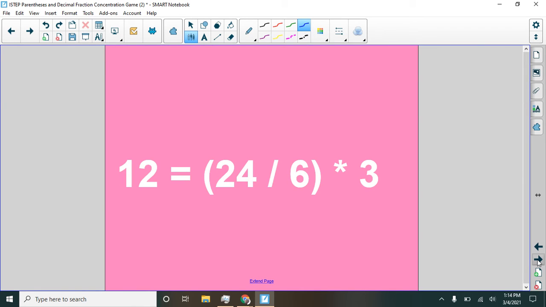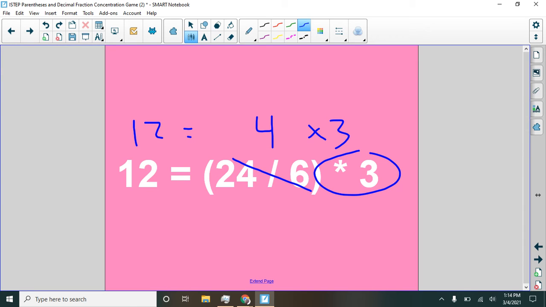All right, what do I do first here? 24 divided by 6, which is what? 4. Then I have left 4 times 3 equals 12. True or false? True. Yep, it worked. 4 times 3 is 12.